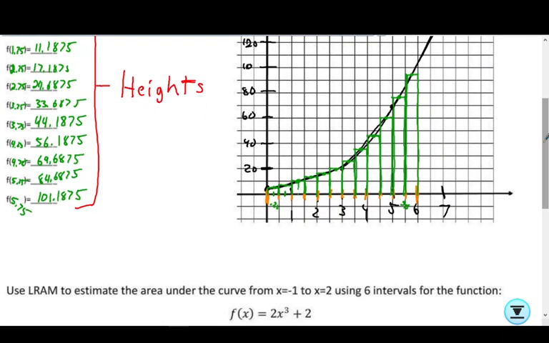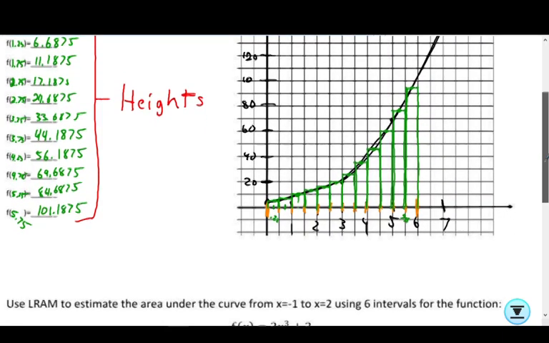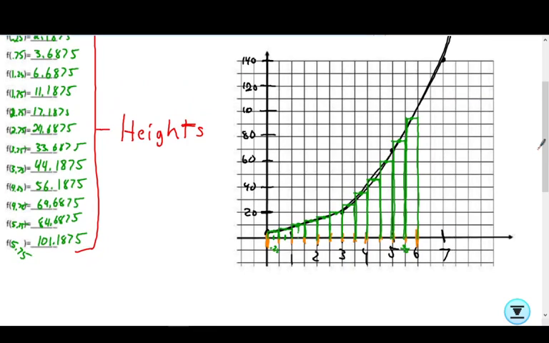Since all of my rectangles have the same width, I can add those up. So my total height, T for total, add all of these up, I get 453.0625. Then I use that to find my area, because my area is my total height times my width.